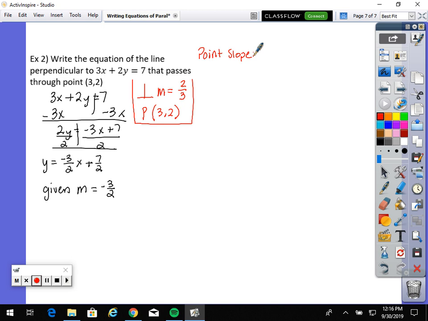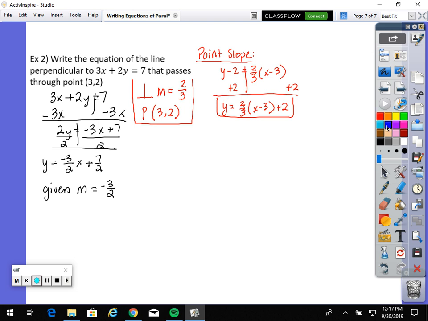So I'm just going to take my information and plug it in. So y minus the y value, which is 2, equals the slope 2/3 times x minus the x value, which is 3. And again, I'm going to move this 2 over so it is in transformation form. So I get y equals 2/3 x minus 3 plus 2 in point slope. I'm going to distribute the fraction, the 2/3, to get it into slope-intercept.